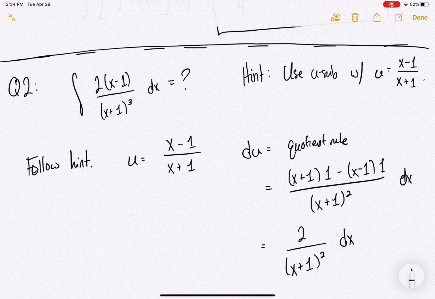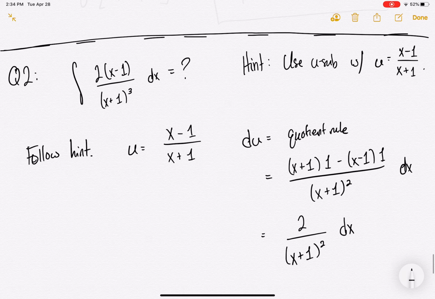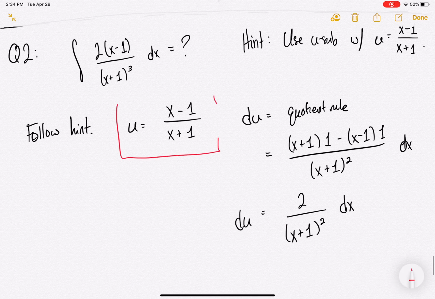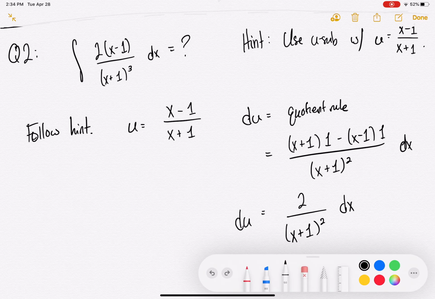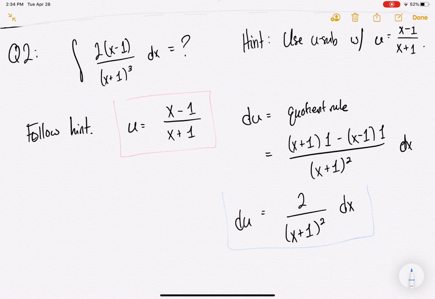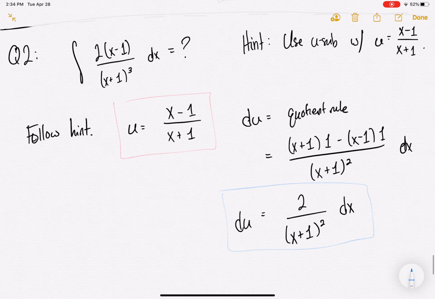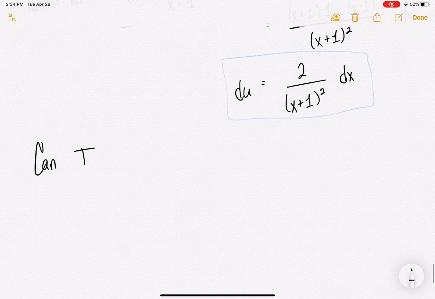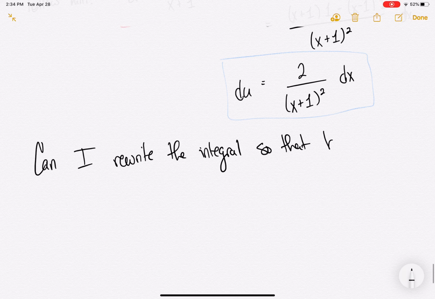So does my integral look like some combination of u and du? I'll circle these to make our lives a bit easier. Circle that in red, circle this in blue. Can I rewrite the integral so that both u and du show up?